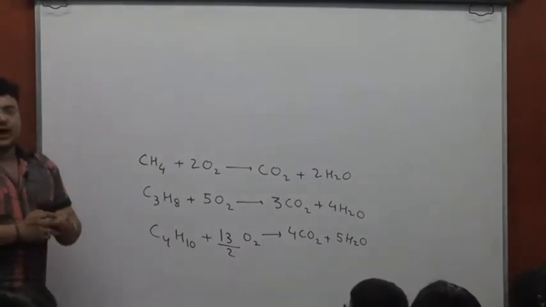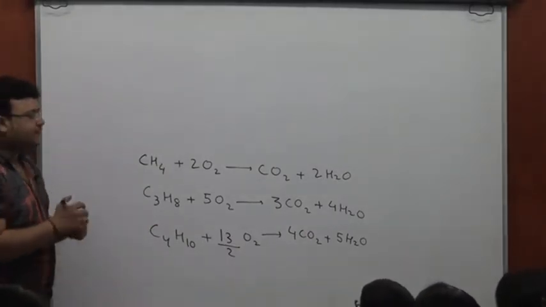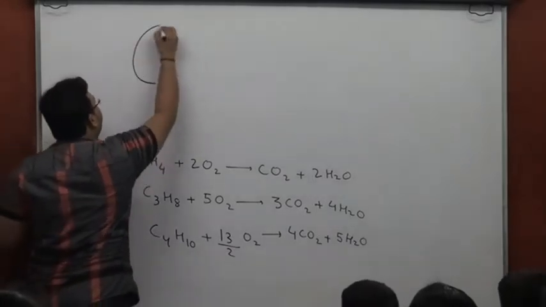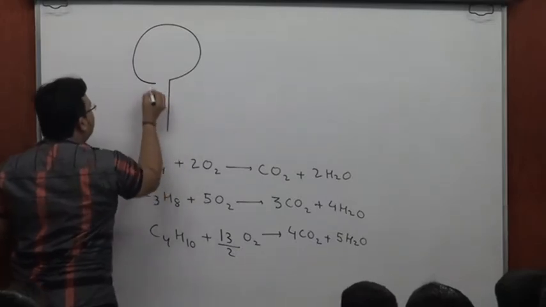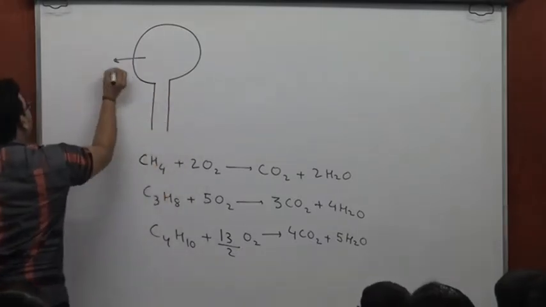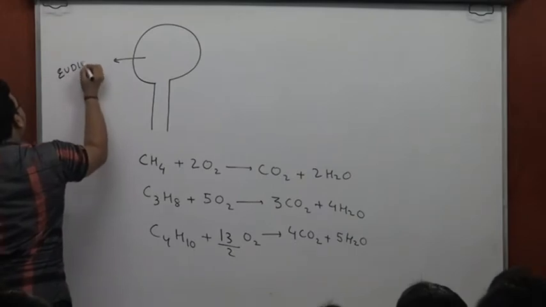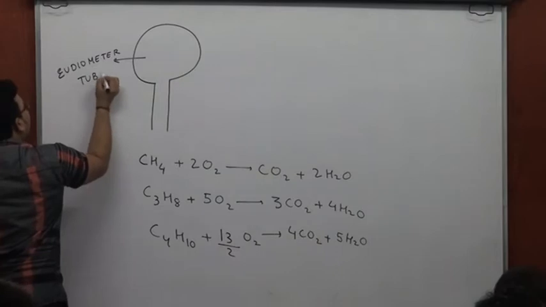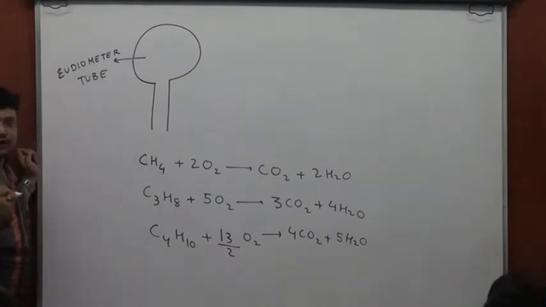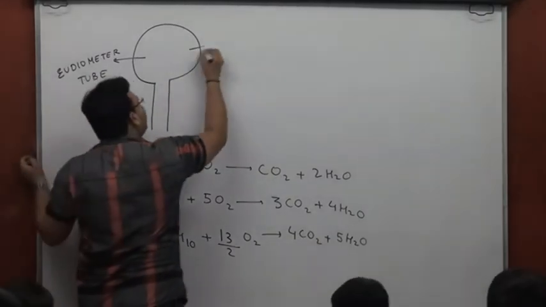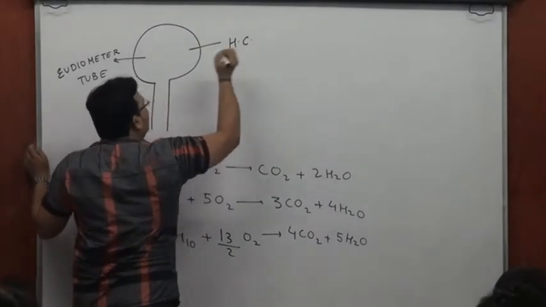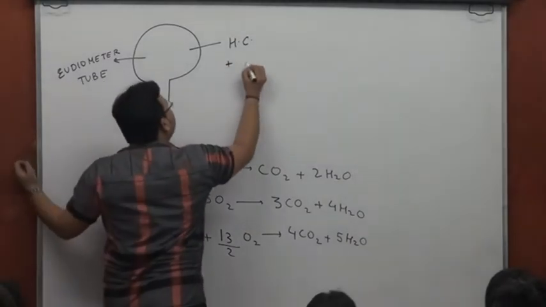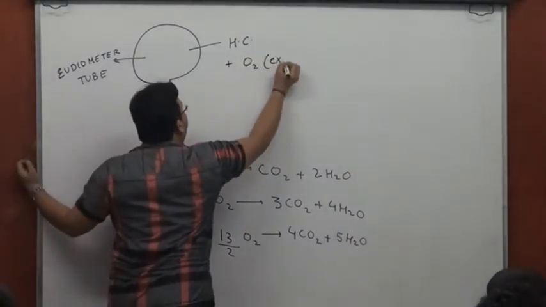Now, how we use these principles is, you have a tube which is going to be called a eudiometer tube, and this eudiometer tube is going to be filled with a given amount of hydrocarbon in gaseous form, and excess of oxygen.